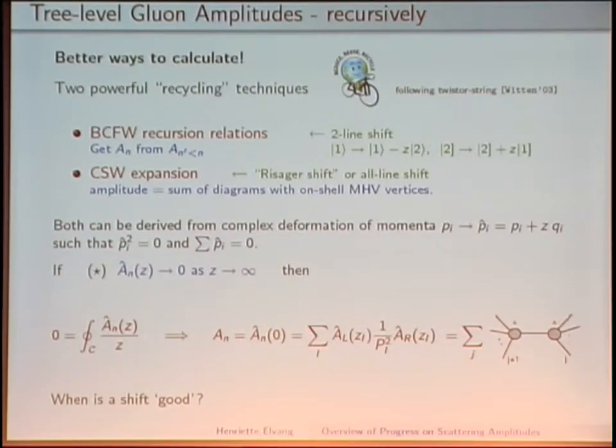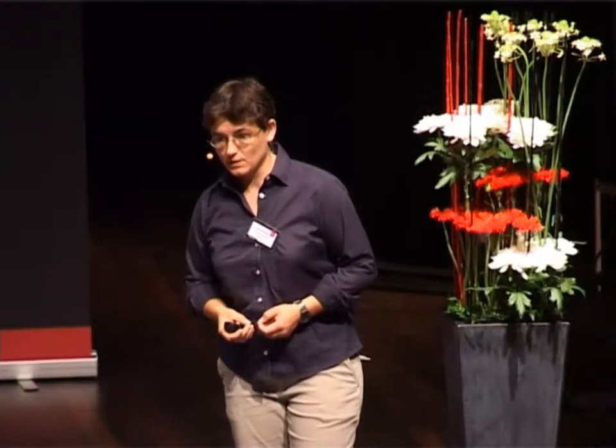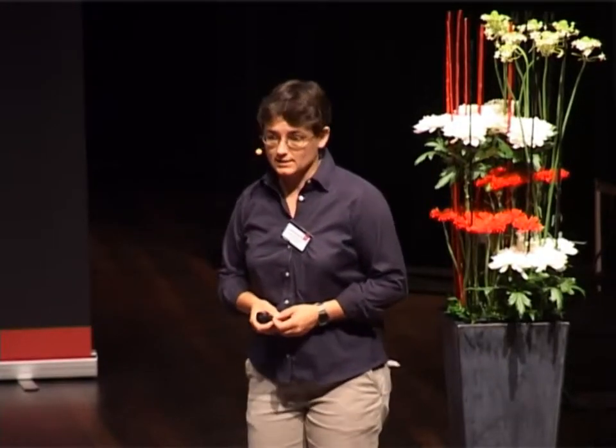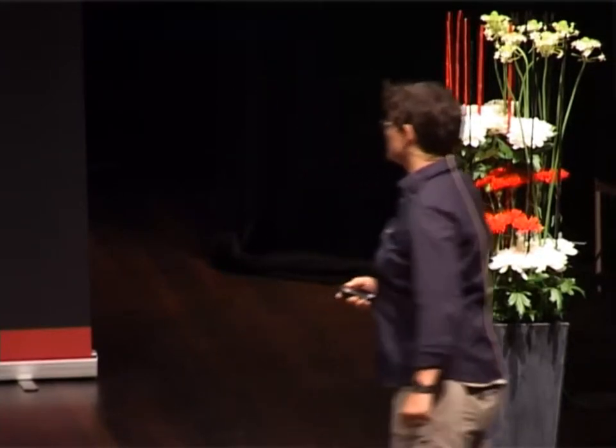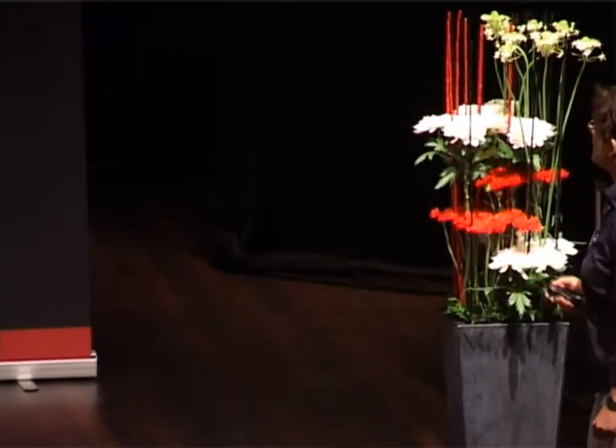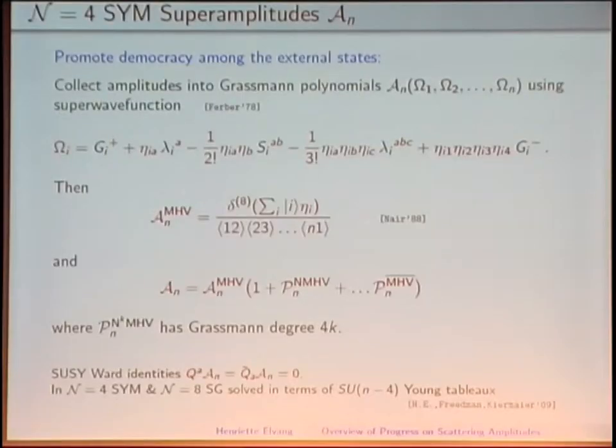So when is such a shift good? Well, this depends on the helicities of the particles, and when we work in a theory like N=4 super Yang-Mills, we have 16 massless states, and so it's really relevant to not have to distinguish between which one is which all the time, and simply have a more democratic approach to the external states. This is what supersymmetry helps us do.